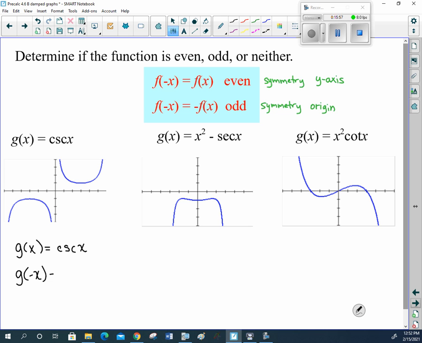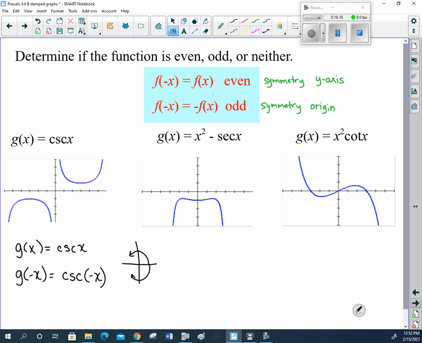If you put a negative x right there, what is that equivalent to? Well, we could prove that from the unit circle, that if you go this direction or this direction, depending upon which way you're rotating, that they're exactly opposite.